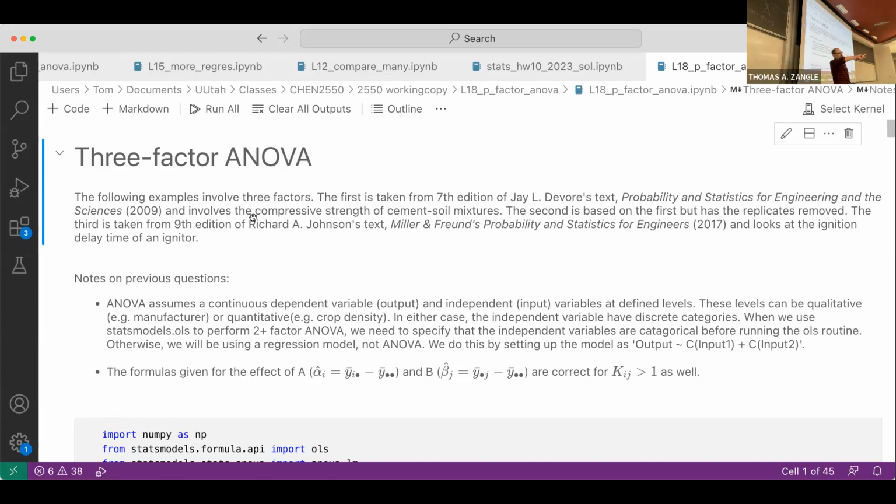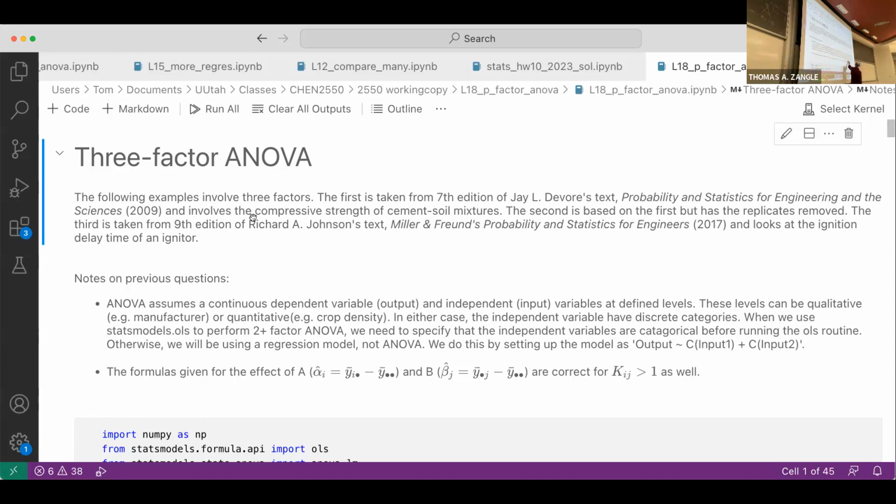Okay, so there were two questions that I just want to follow up on from last time in class. The first was about that C that we put in. When we were setting up our problems using statsmodels.ols for analysis by ANOVA, we were doing two-factor ANOVA.